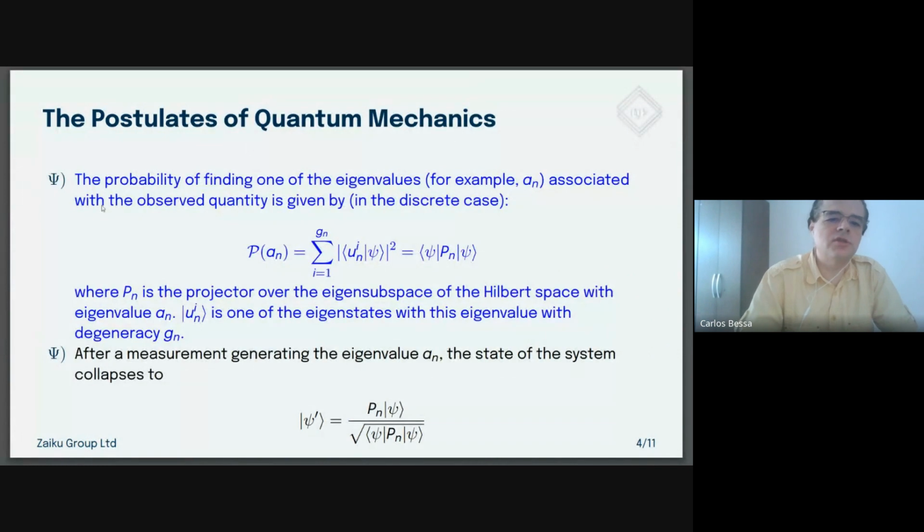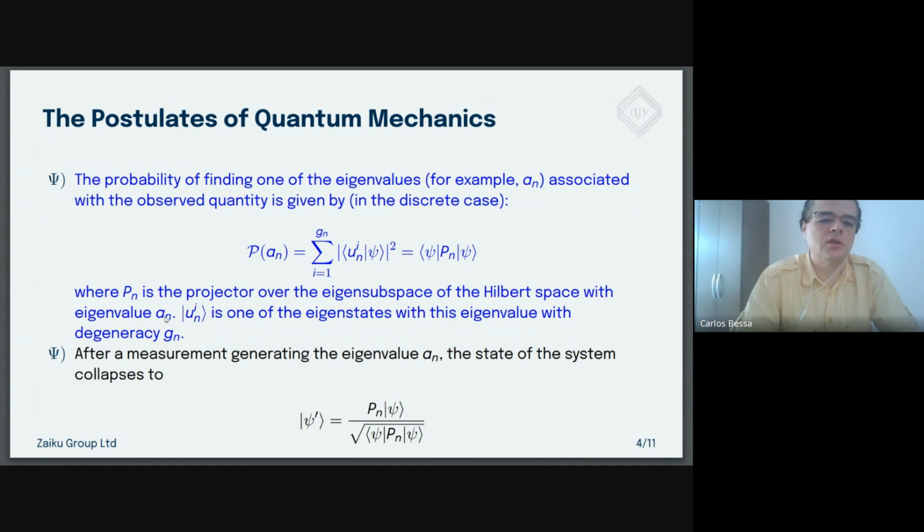The probability of finding one of the several possible eigenvalues associated with the observed quantity is given by an expression like this, where this P here is the probability, and the P is just the projector over the eigensubspace of the Hilbert space with the eigenvalue an.